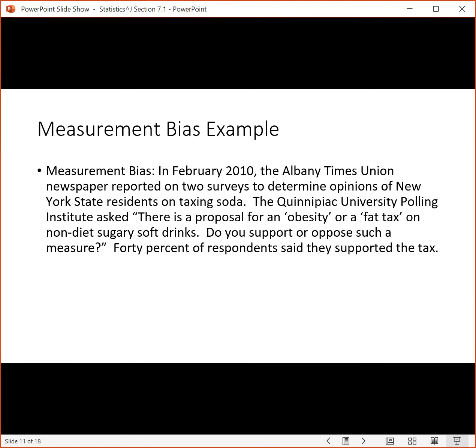For the first case, the aspect that influences the group that's being surveyed would be the fact that they called it a fat tax. That is not appropriate. If you do something that influences the audience that you're asking questions of, and using an inflammatory term like that would definitely affect the people being surveyed.